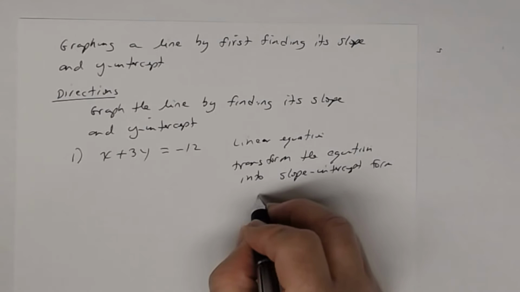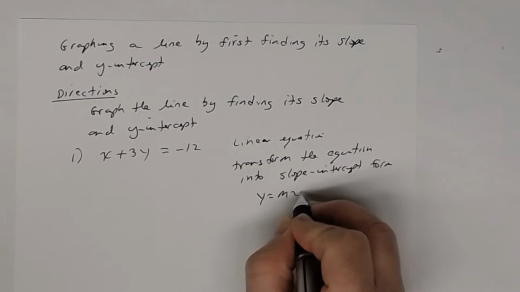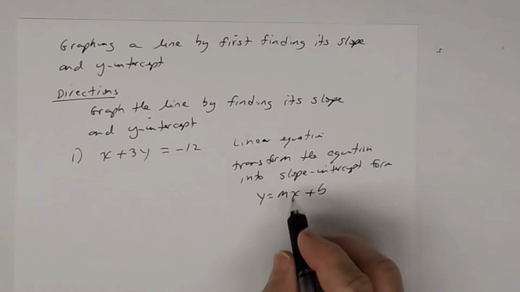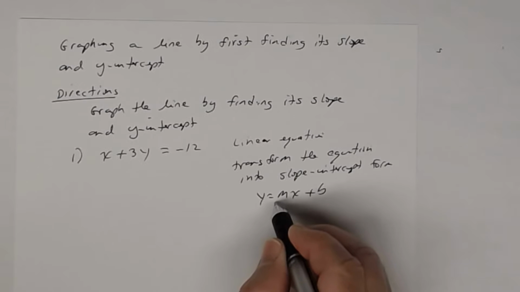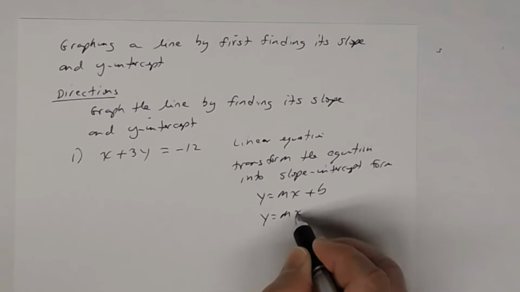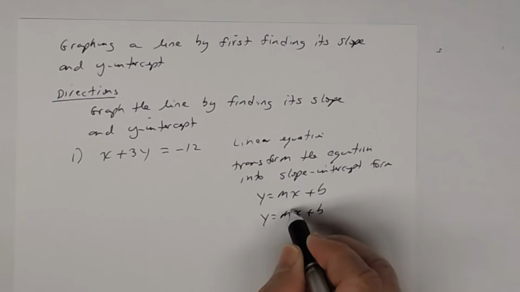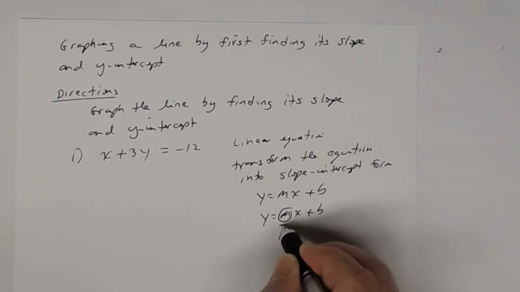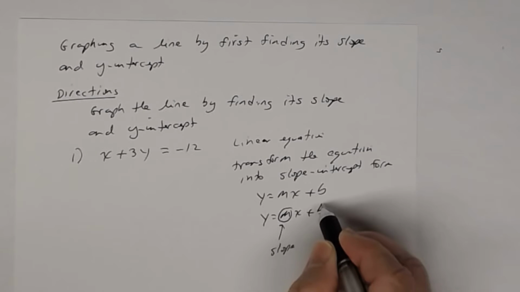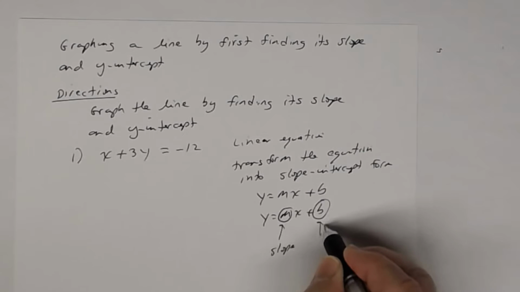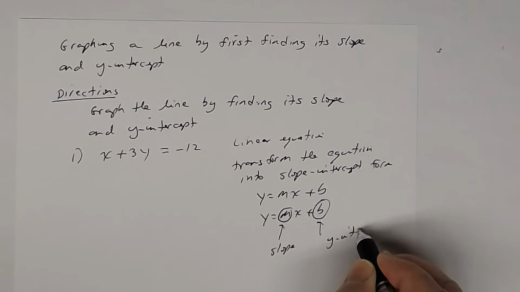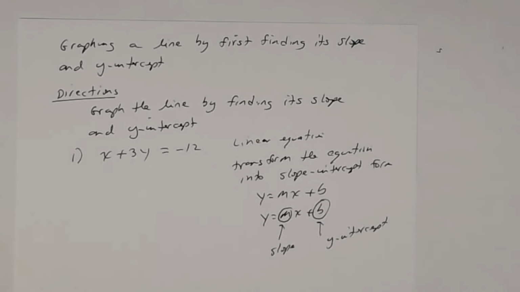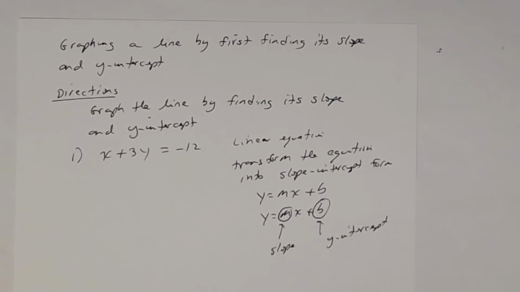Now remember, slope-intercept form is y equals mx plus b. When you get in that form, the coefficient of x is your slope, and then b, that constant, is your y-intercept.